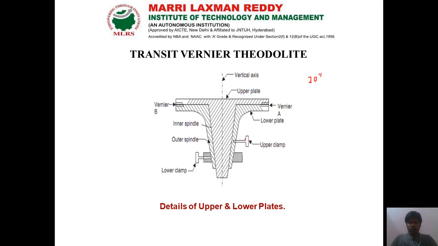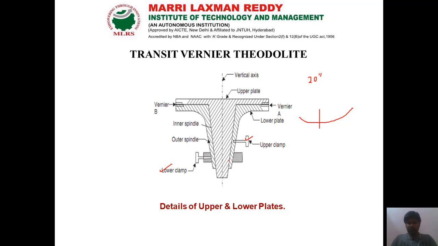Here we have two screws: one is the upper clamp screw, another one is the lower clamp screw. If I tighten the upper clamp screw and loosen the lower clamp screw, I can rotate the instrument without changing the readings of vernier A and vernier B. For example, this is our vernier A and here I have some values.